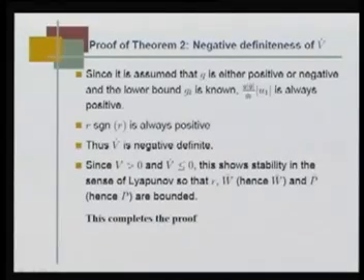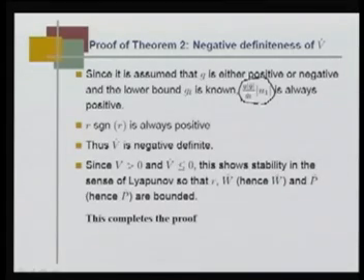So, that argument is here. Since it is assumed that g is either positive or negative, and the lower bound g l is known, g l will have the same sign as g. If g is positive, g l is also positive. If g is negative, g l is also negative.